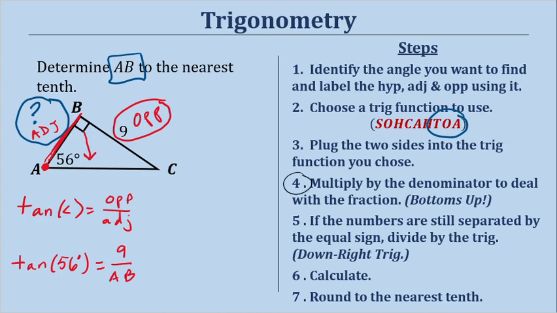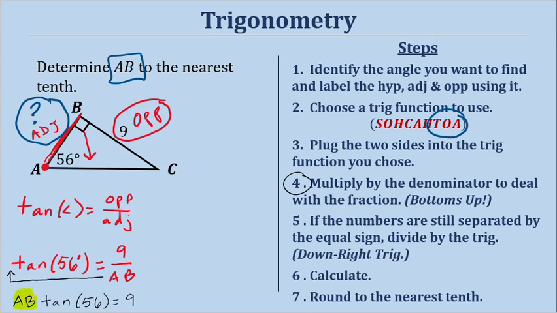From here, I'm going to take whatever's on the bottom and multiply it up. In this case, the bottom is AB, so it's going to move up and left, giving me AB tangent 56 equals 9. On the last example, we stopped here because the numbers were already together. In this example, that's not the case.